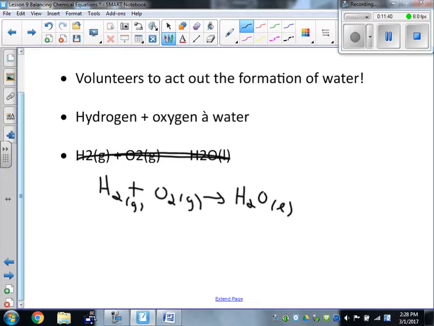So how are we going to make this? Well, we need to take two hydrogens. So here's my two hydrogens, H2, and we need two O's.